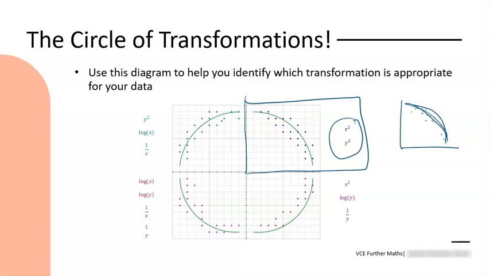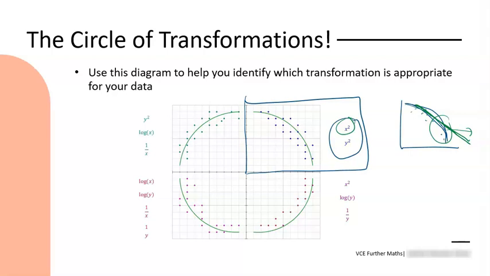Remember, a squared transformation has the effect of stretching the axis. So an x squared would take these values and stretch them out so they become more linear, okay?